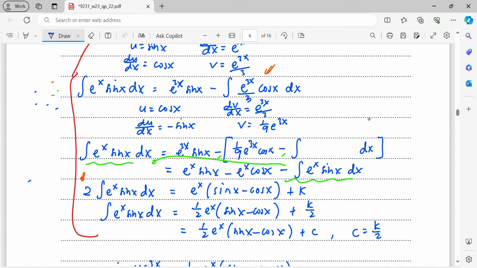Then minus v du, so 1 over 9 e^{3x}, uv minus v du/dx, so sine x. Okay, then 1 over 9 e^{3x}. Then here, when you look at here, minus.